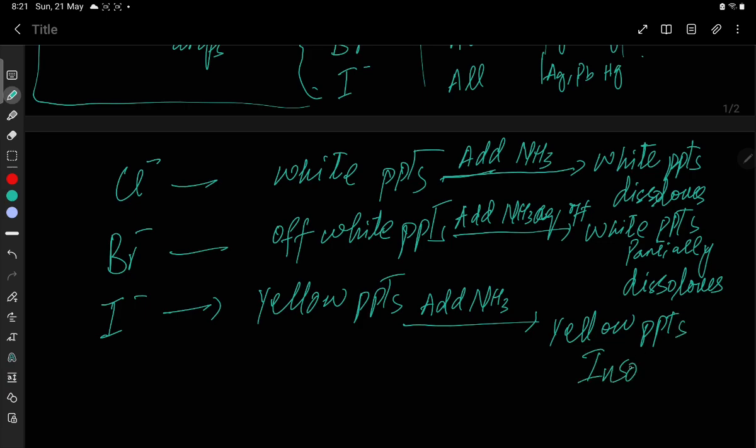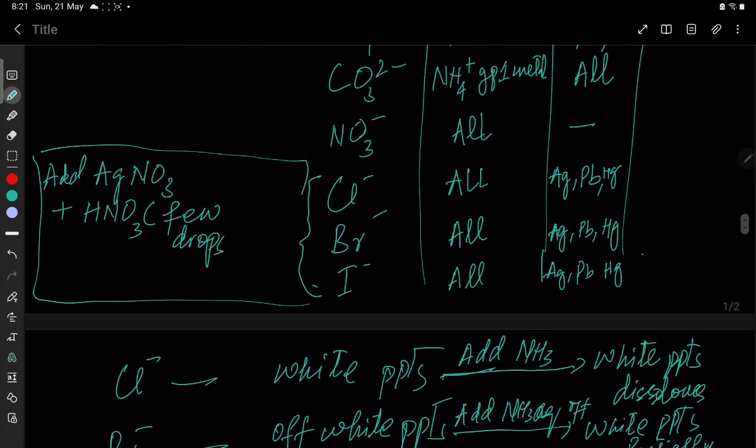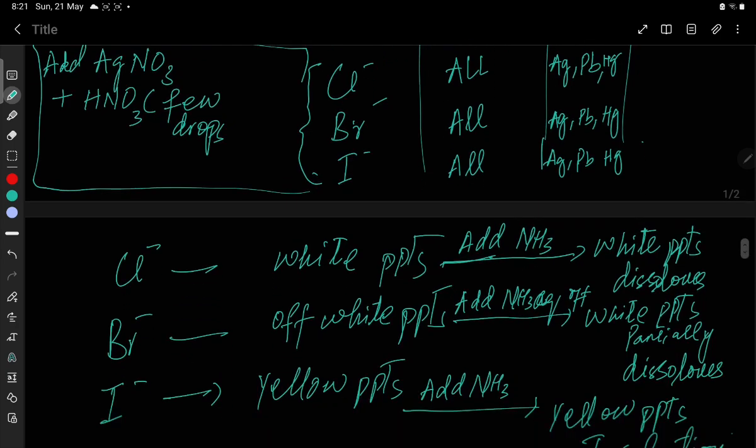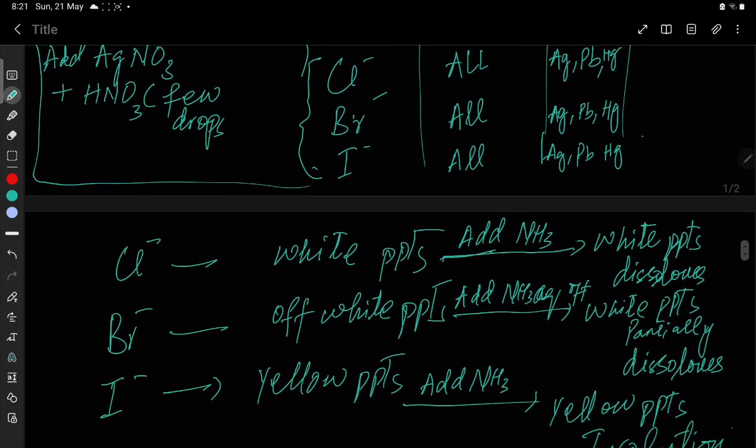So if halide ions are present in the given solution and this test is given, add silver nitrate, it must contain chloride or bromide or iodide. You can identify by doing these tests further. White precipitate of chloride ion, off-white bromide ion, yellow precipitate of iodide. There is a very small difference between white and off-white.